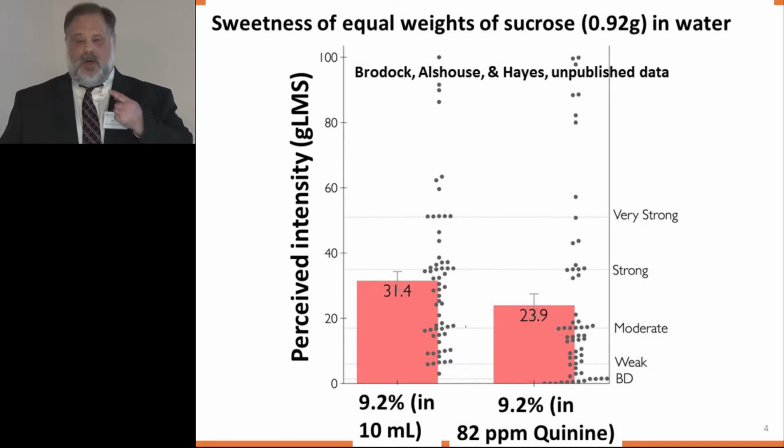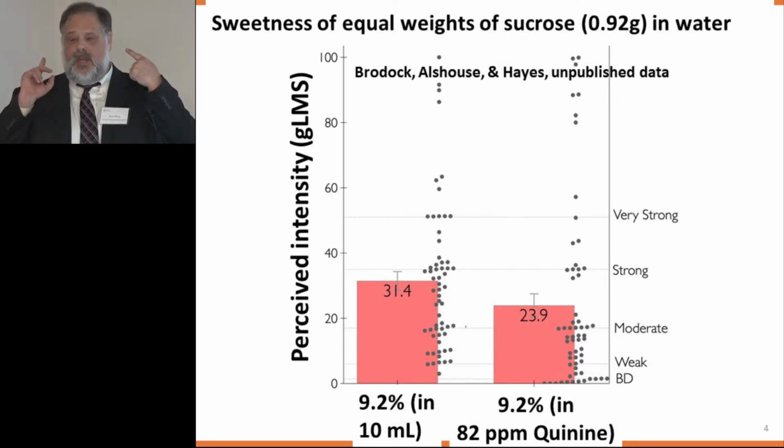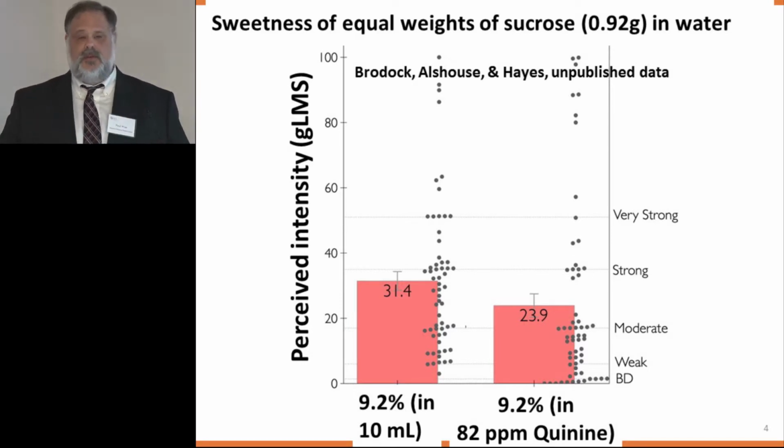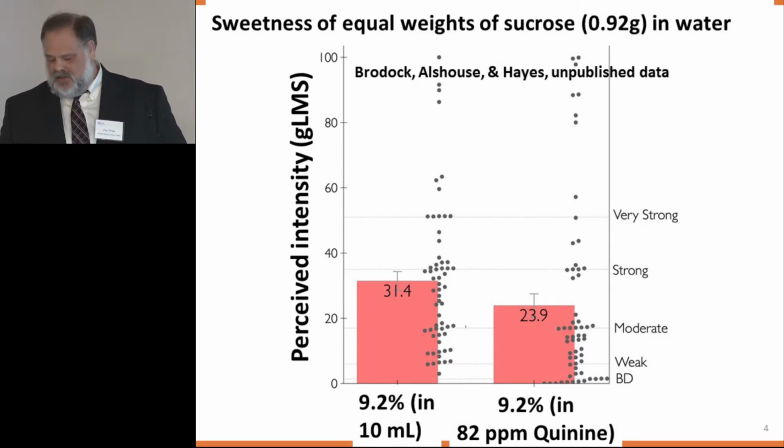You can paint the quinine on one side of the tongue and the sucrose on the other side of the tongue, and you still get the interaction effect, although that precludes receptor interactions, and those nerves don't even interact, the signals, until you get into the brain. So there's nothing you can measure in the matrix that will let you do this. This is something that's happening entirely inside the head of human observers. So that's something I wanted to re-emphasize. I have a chip on my shoulder about that from past experiences.